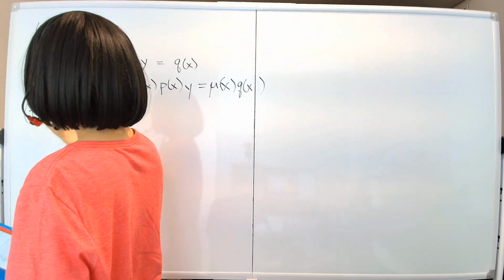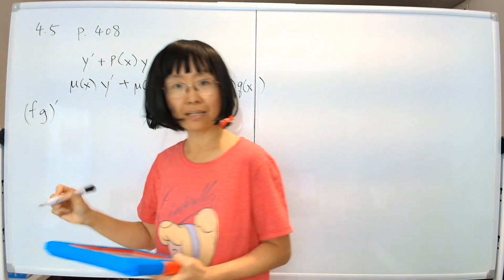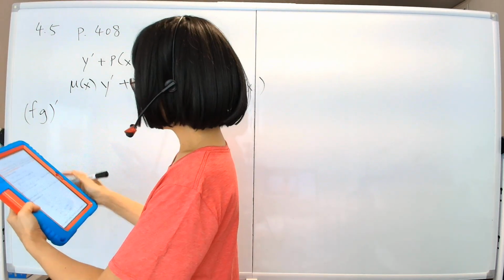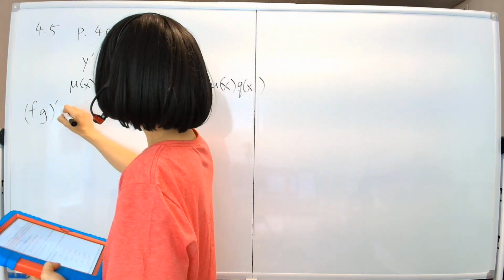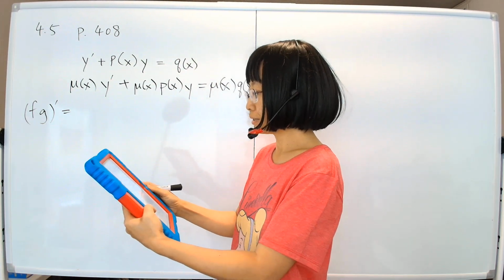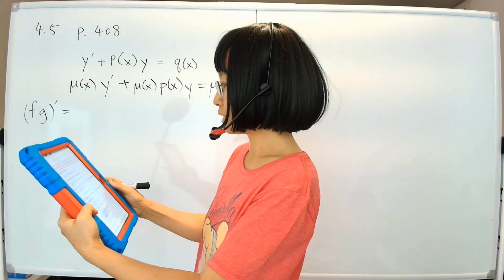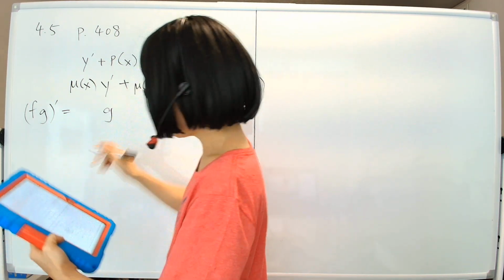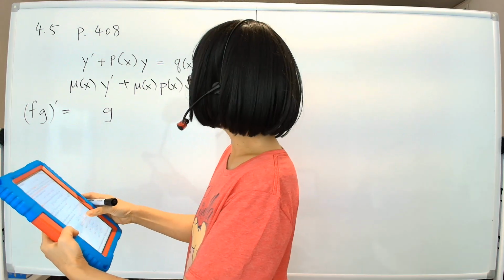if you have f and g of x and you take the derivative, then you have, of course, f prime that equals to something like, now let me line this up perfectly. Now that it be equal to g prime. Okay, what was g again? Oh, g is mu of x.